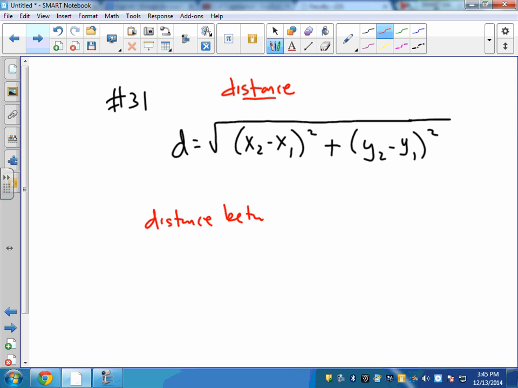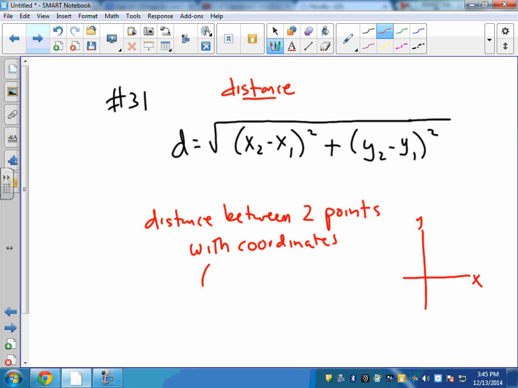So the explanation: distance between 2 points, and these are points in the Cartesian plane, right, in the xy plane, with coordinates, ordered pairs, if you will.